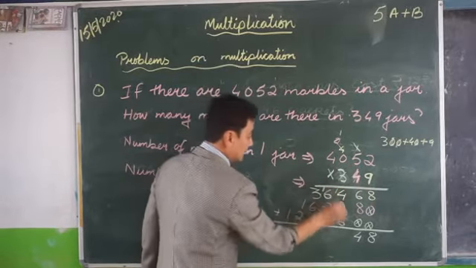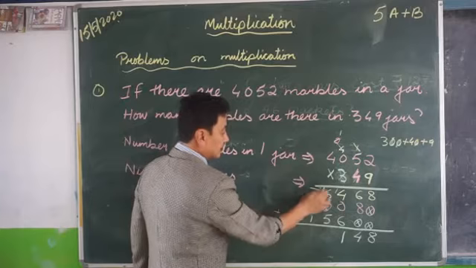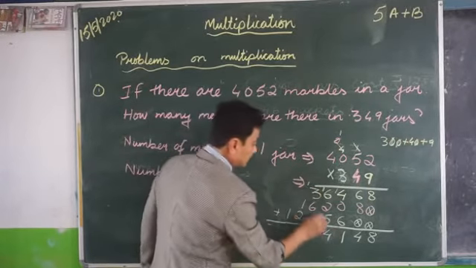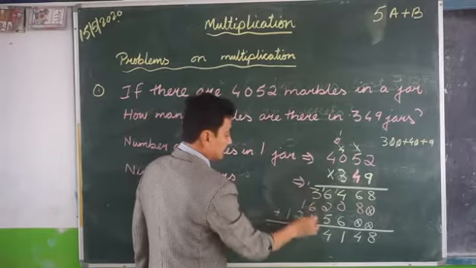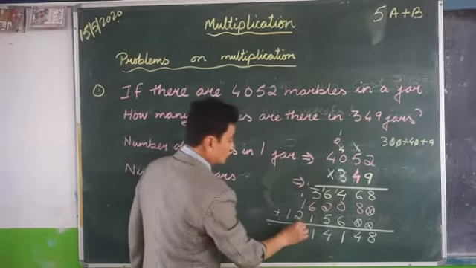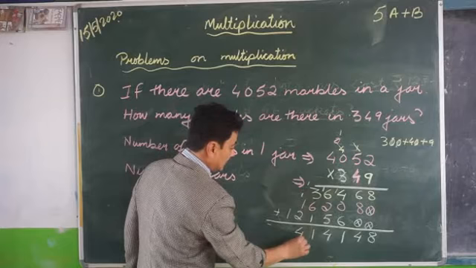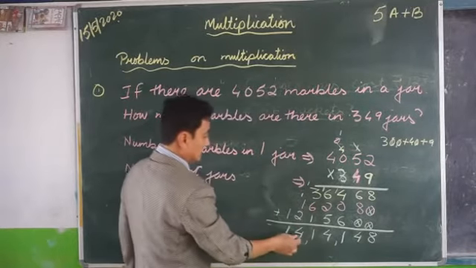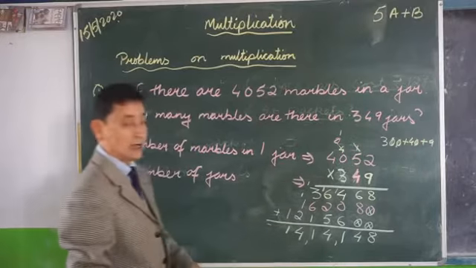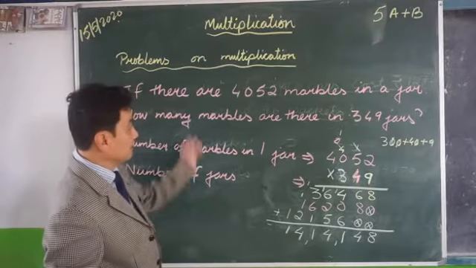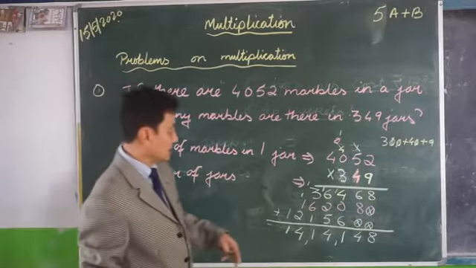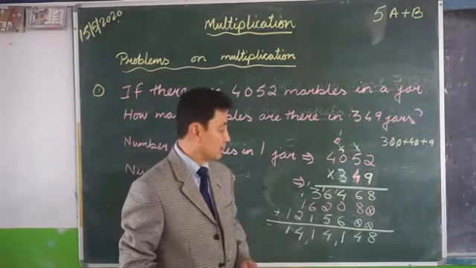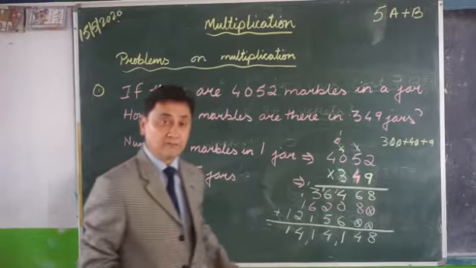Plus 1, 11. 6, 7, 8, 9 plus 5, 14. 6, 7, 8, 9, 10, 11. 2, 3, 4. And 1. Ones, tens, hundreds, thousands, ten thousands, lakh, ten lakh. So the overall answer, how many marbles are in those 349 jars? They are 14 lakh 14,148 marbles.